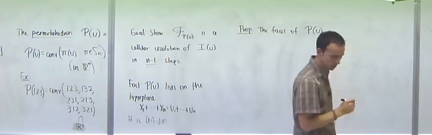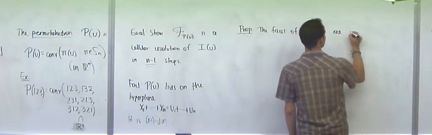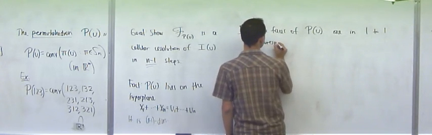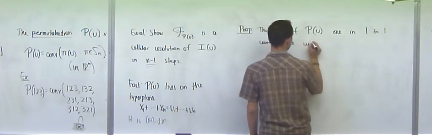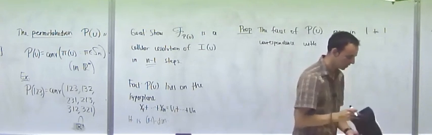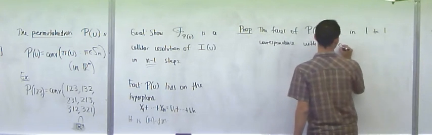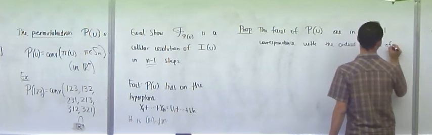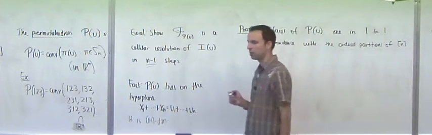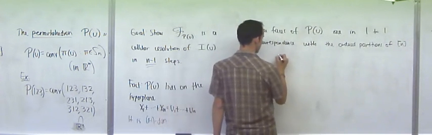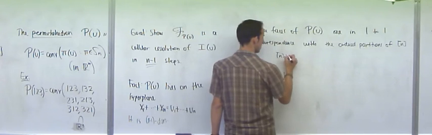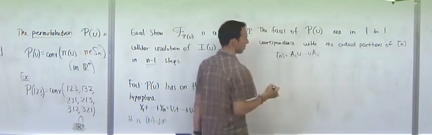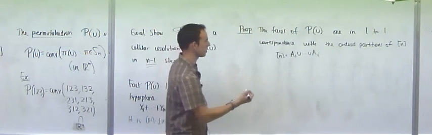So the faces of the permutahedron are in one-to-one correspondence with the ordered partitions of numbers from 1 up to n. And what is this? It's the ways of writing n as a union of some sets that are pairwise disjoint.